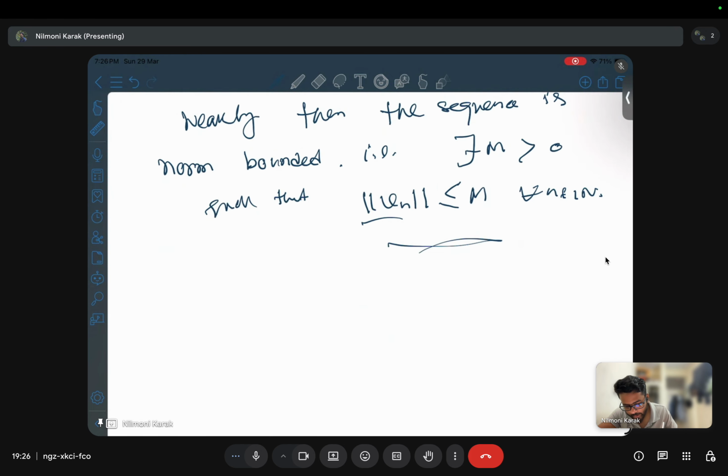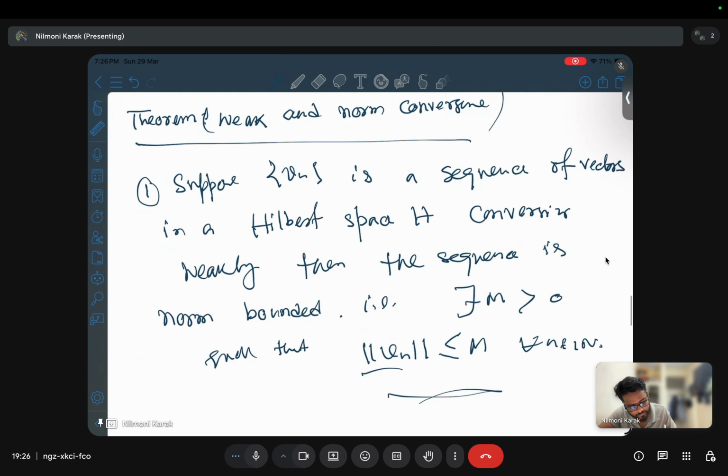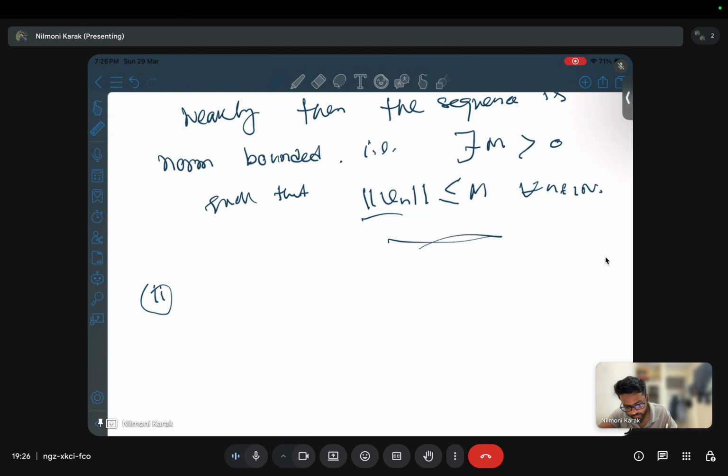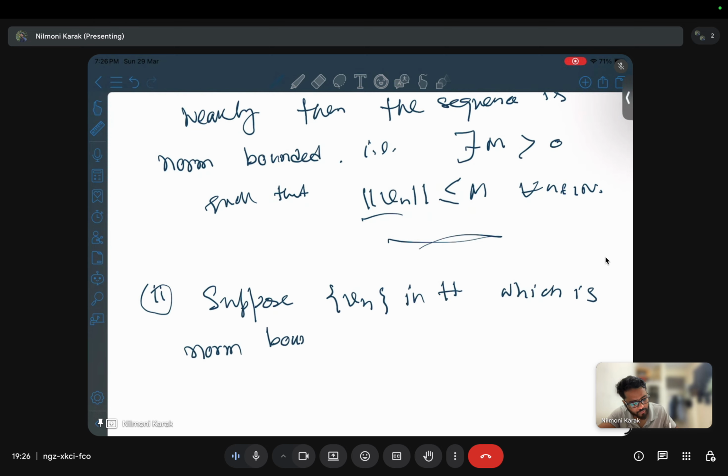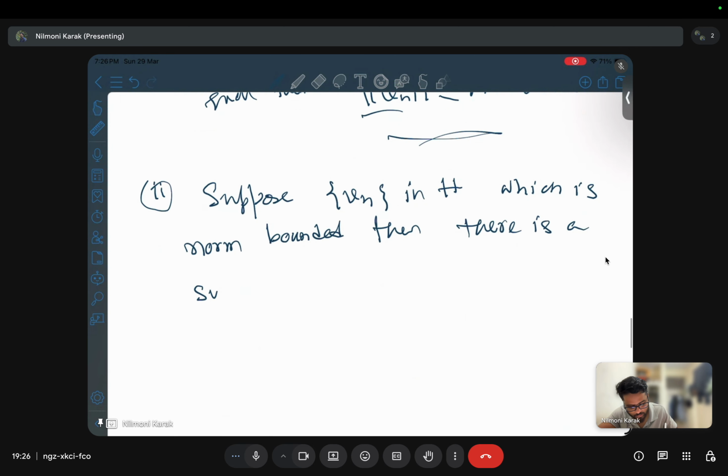The second theorem is: suppose Vn is a sequence in the Hilbert space H which is bounded. Then there is a subsequence converging weakly.